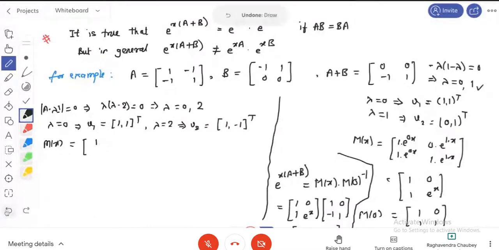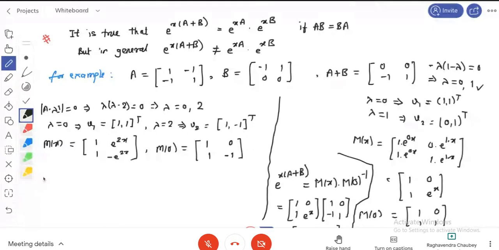So this means simply 1, and here 1, and second one e to the power 2x and minus e to the power 2x. So what is m0? So m0 is 1 1 0 1, and this is minus 1. Okay, so what is the value of exponential ex?